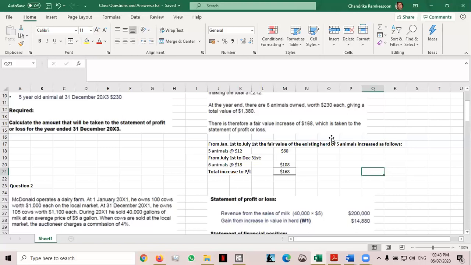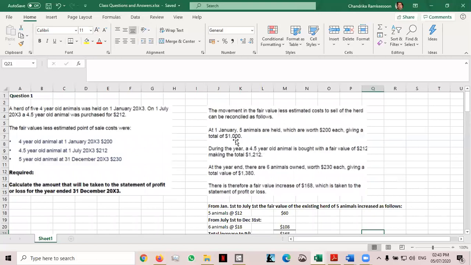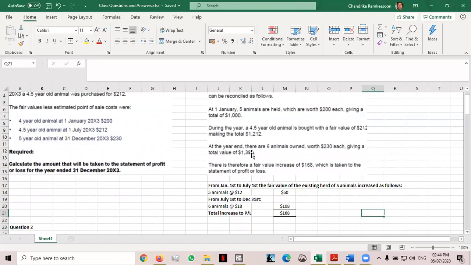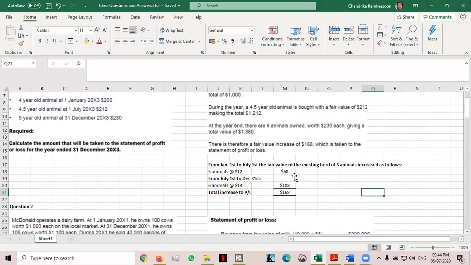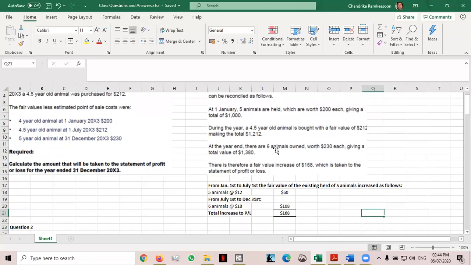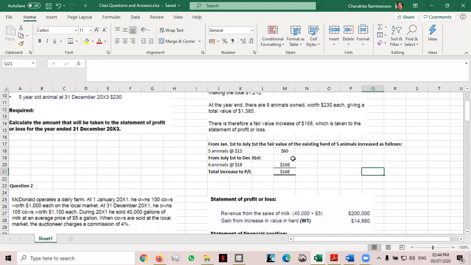It would have been incorrect to compare 1,000 up here with 1,380 down here and say there was an increase to P&L of 380, because it had to be done step by step. The other thing is this 1,380 is for 6 animals, whereas this is for 5. So you have to compare like with like. And this calculation is important.